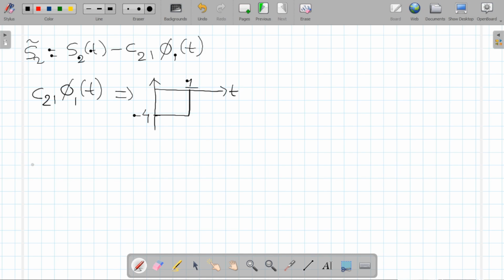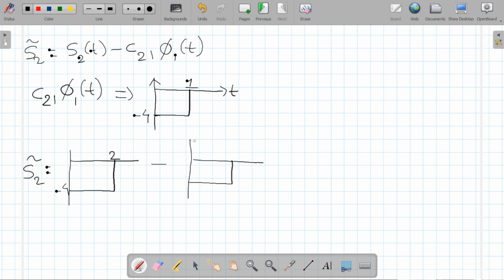Now, finally, we need to calculate S2 tilde equal to, what is S2 of t? S2 of t stands for minus 4 with the time difference, 2 minus, we are going to subtract minus 4 on the time axis. So we can clearly see that this is S2 of t and this is C21 phi 1 of t.